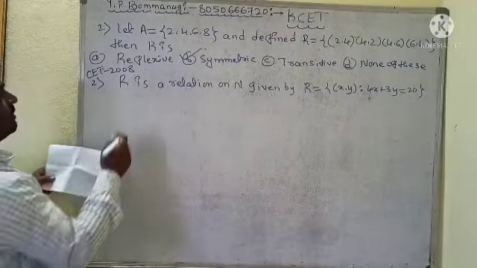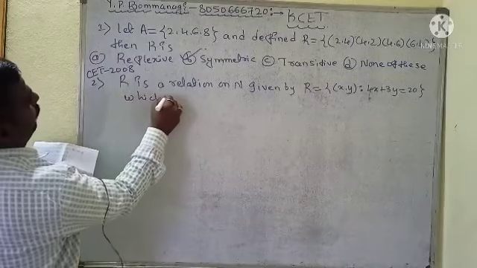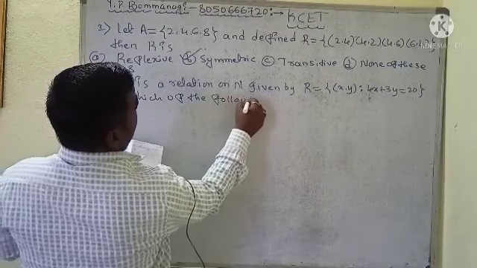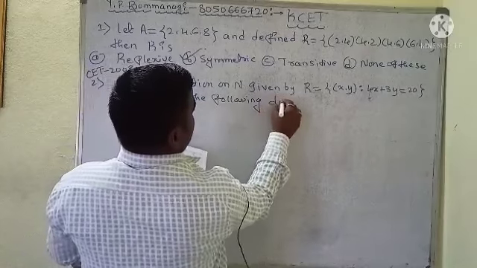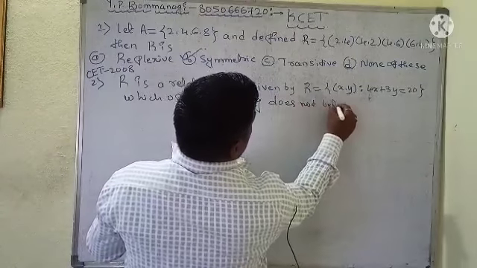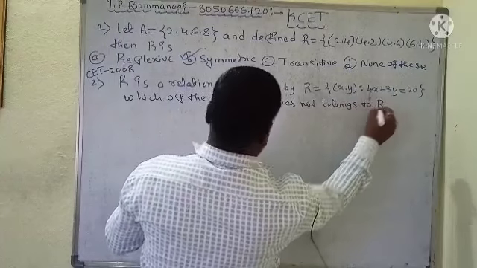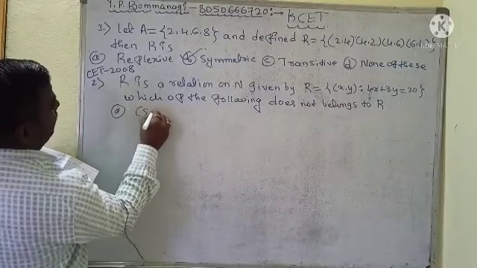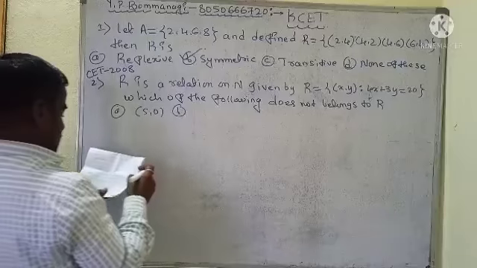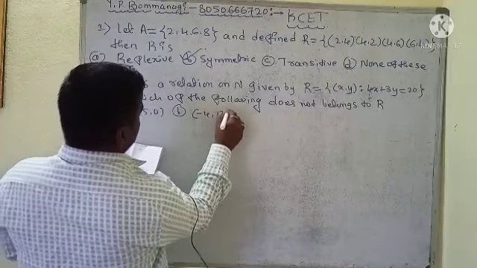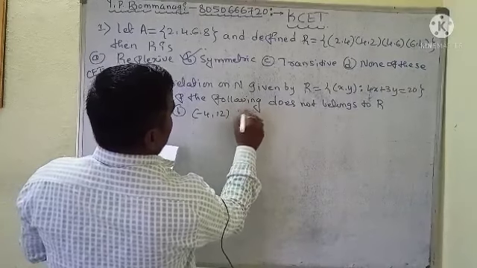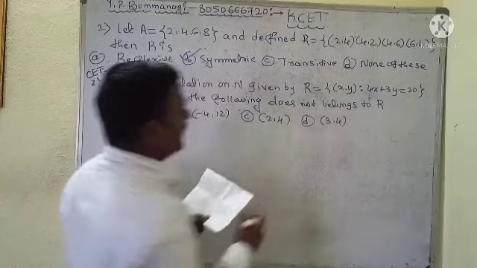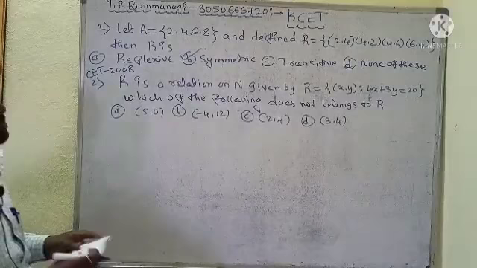Which of the following does not belong to R? We can check one by one. A, (5, 0); B, (-4, 12); C, (2, 4); D, (3, 4). Correct?